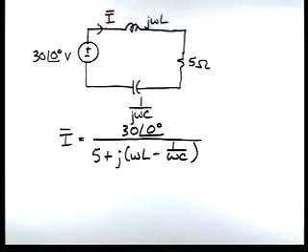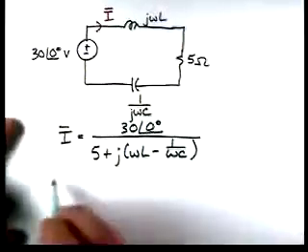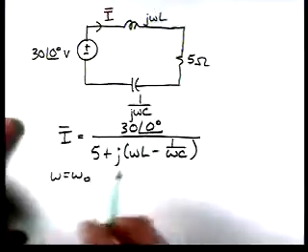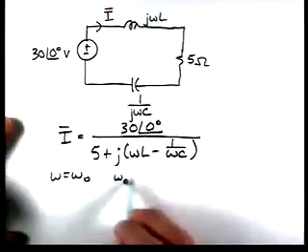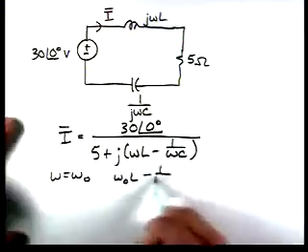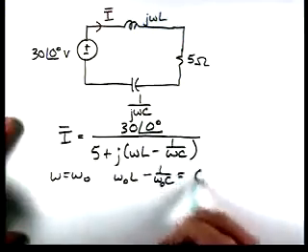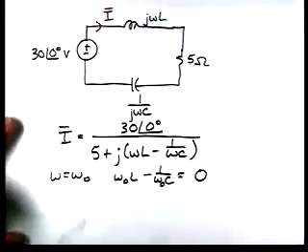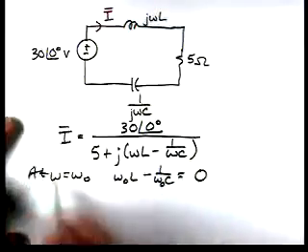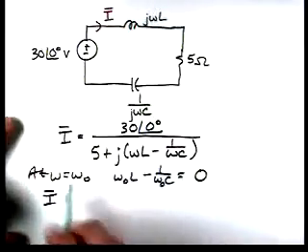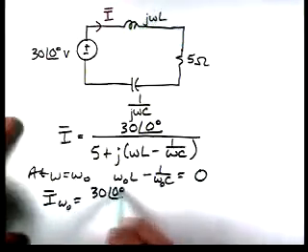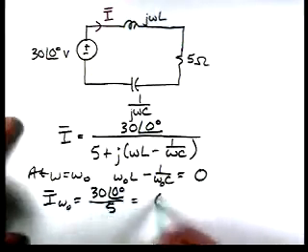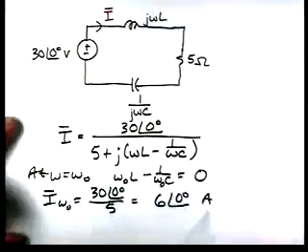First, though, at omega equal omega naught, we know that omega naught L minus 1 over omega naught C is 0. So then I of omega naught is just 30 at an angle of 0 over 5, which is 6 at an angle of 0 degrees amps.